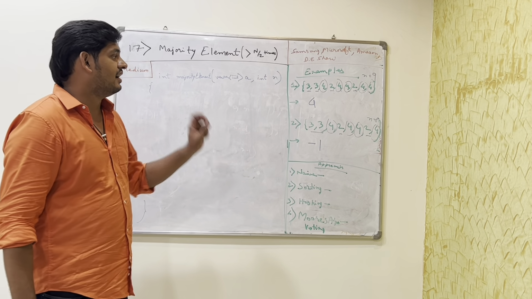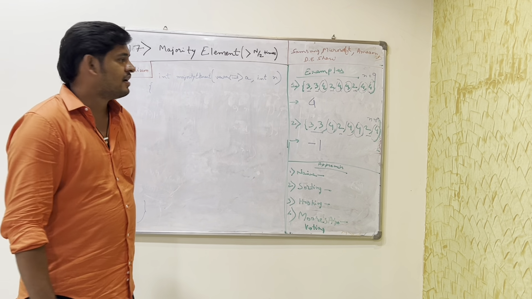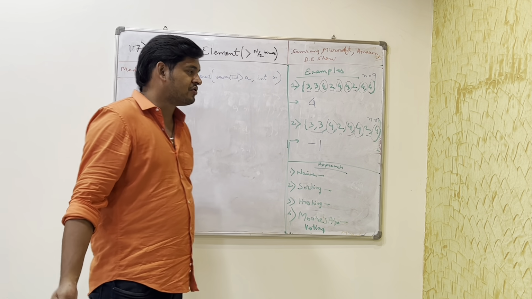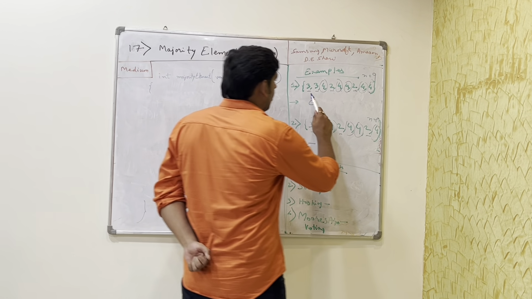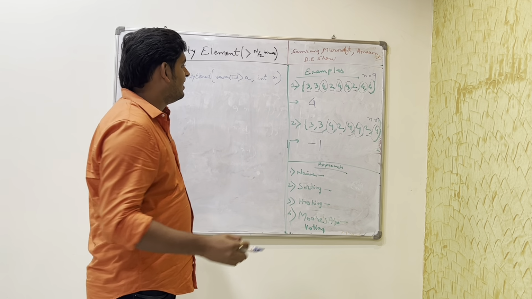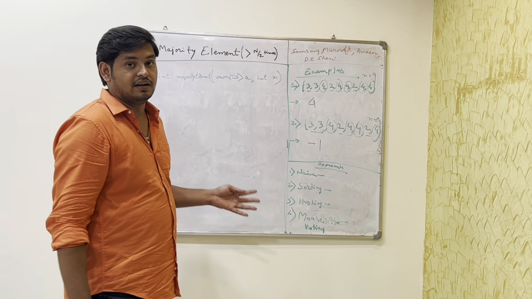Let's discuss what could be the solution. How do we solve this? We can solve it with a very naive approach: we can count the frequencies of all the elements, and check if any element has come more than n by 2 times.